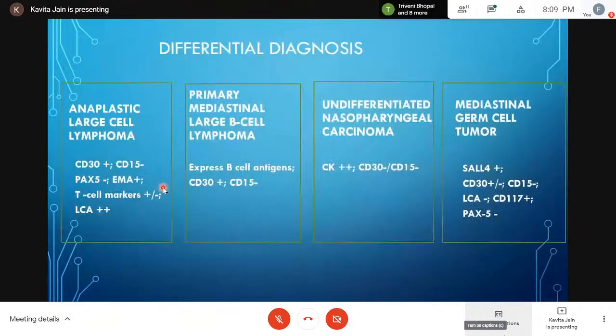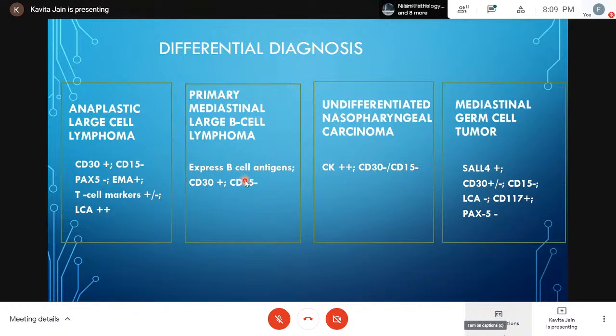Just ruling it out. So what are the differential diagnoses? We have anaplastic large cell lymphomas. Those entities which can be CD30 positive and which have a mediastinal mass include primary mediastinal large B-cell lymphoma. As the name suggests, this will also have B-cell antigens, so of course it is easy to diagnose.